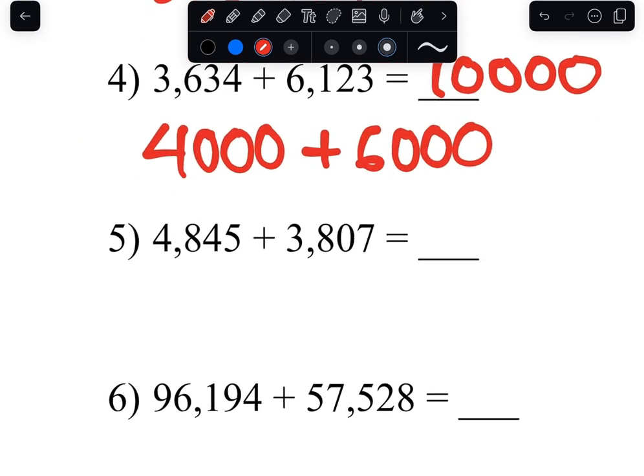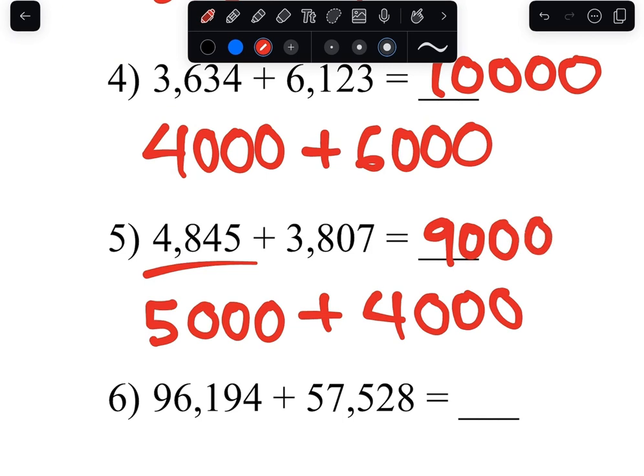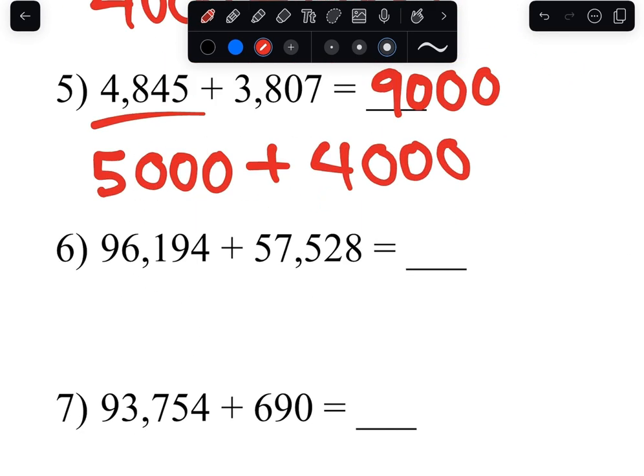Number 5, 4,845 plus 3,807. This rounds up to 5,000, and 3,807 rounds up to 4,000. 5,000 plus 4,000 is 9,000.